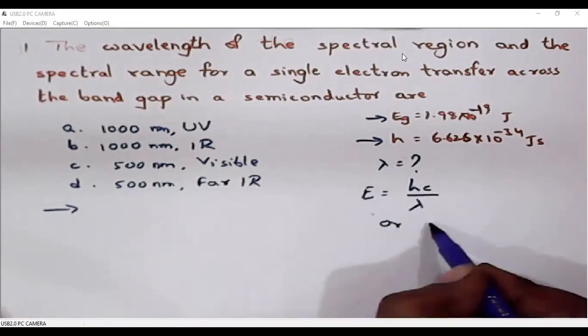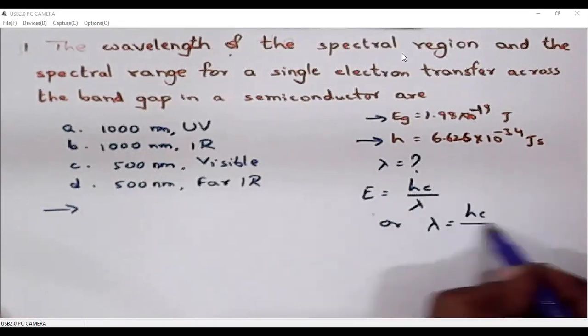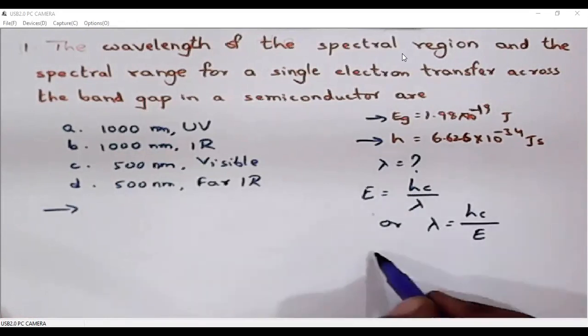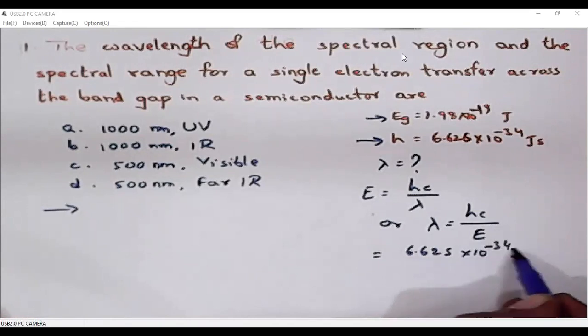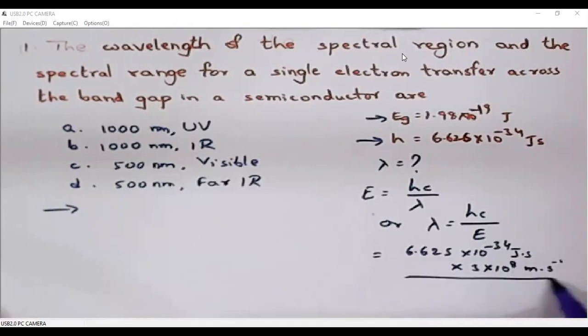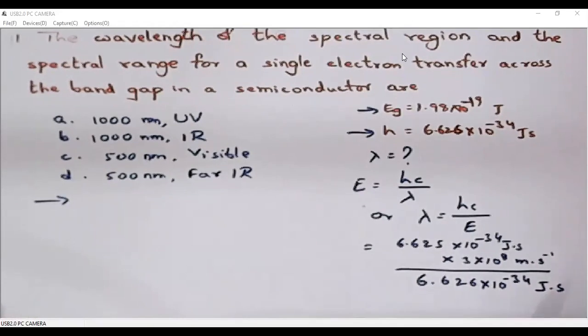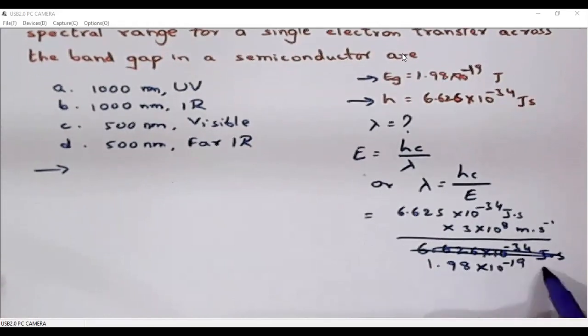Now we will rearrange it in terms of lambda: Hc by E. When we substitute all these quantities, 6.625 into 10 power minus 34 joule second multiplied by 3 into 10 power 8 meters per second divided by 1.98 into 10 power minus 19 joules.